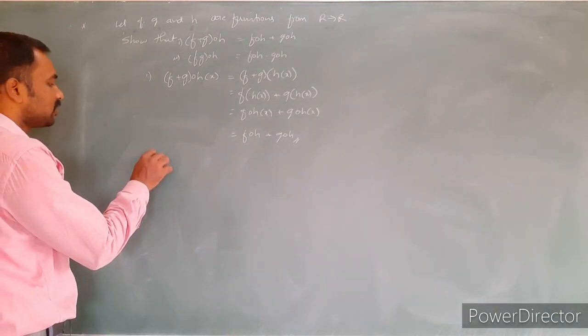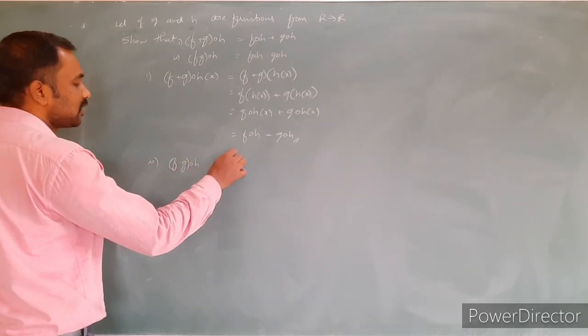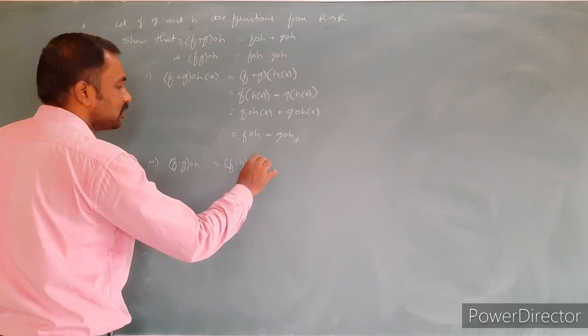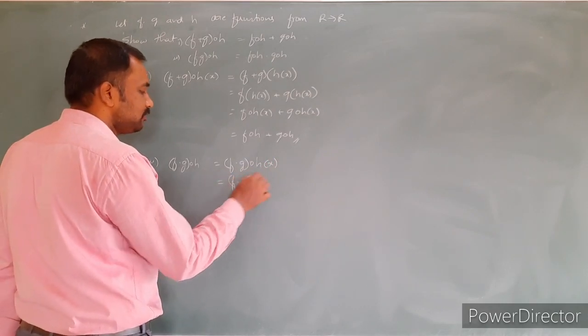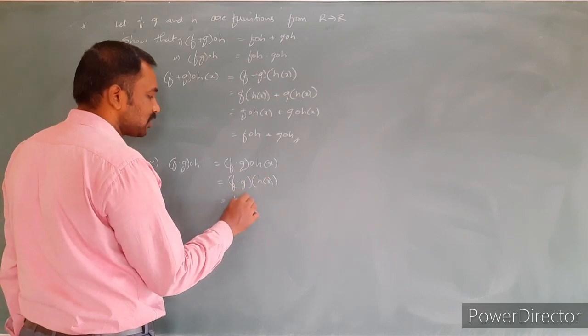Similarly, for the product, what is the product? (f into g) circle h of x. What can we write for this? (f into g) of h of x, where h of x is used for both functions.